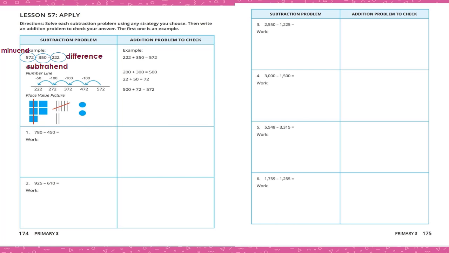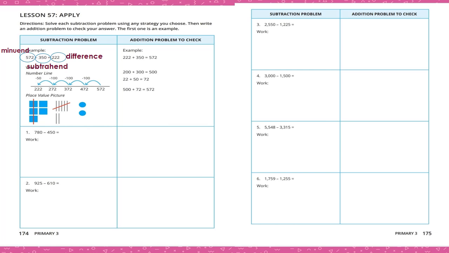Okay, so the remainder of big squares is 2 and the remainder of the sticks is 2 and we have 2 dots as it is. So the result is 222.